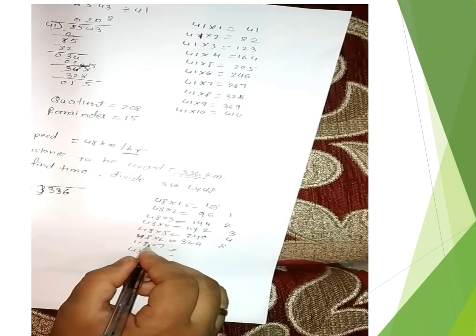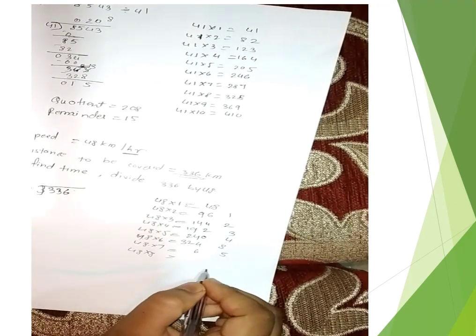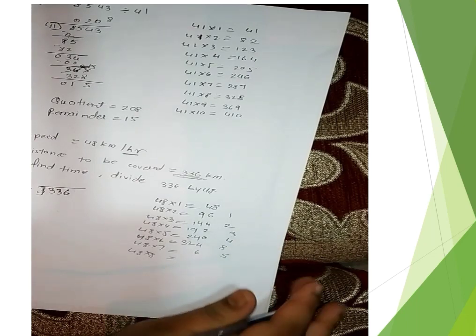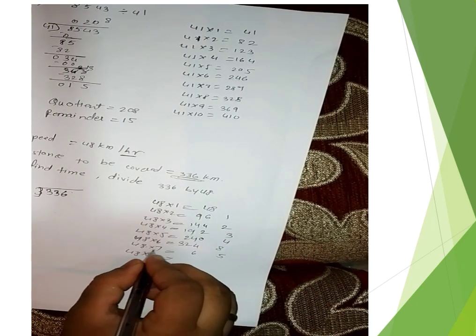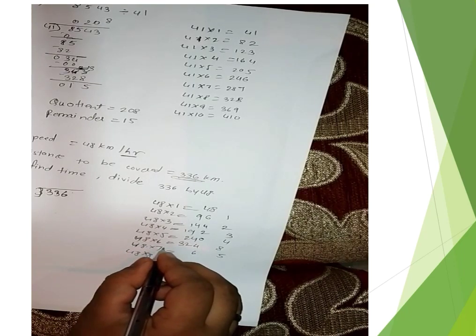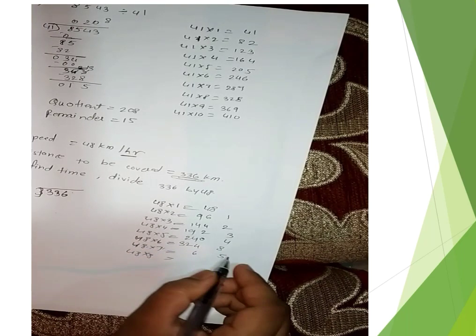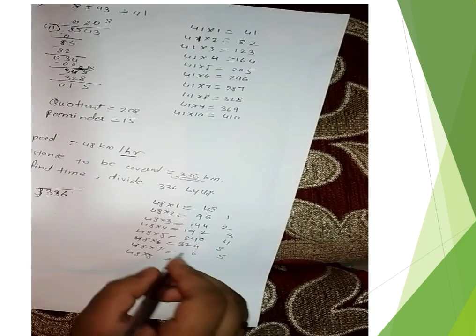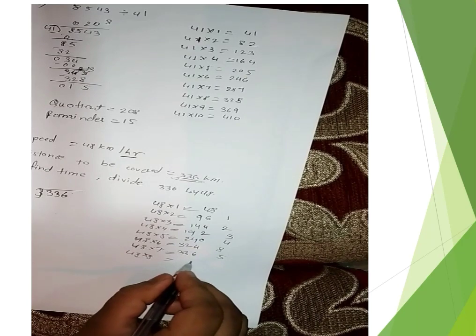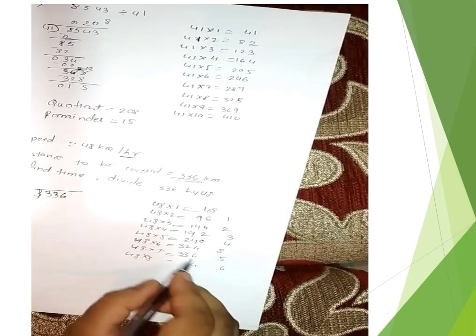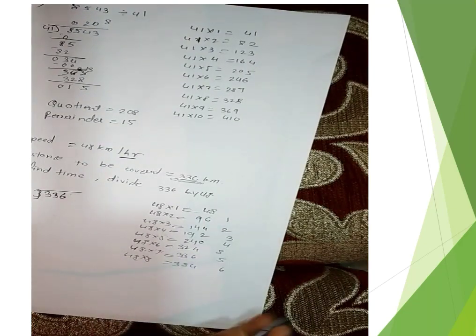Then 8 7s are 56. 7 4s are 28 plus 5 is 33. 8 8s are 64, 6 carries. 8 4s are 32 plus 6 is 38.